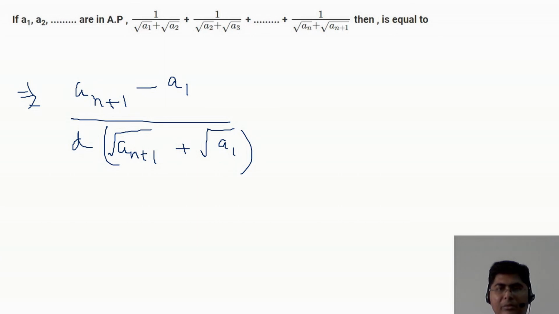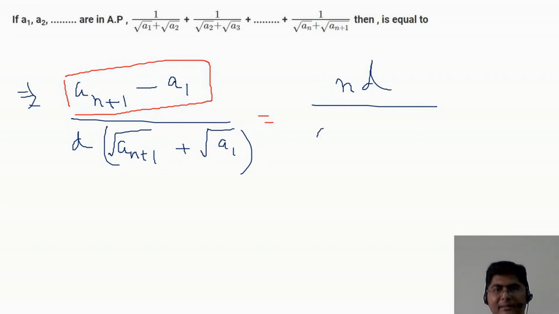Now look at these relations. Is it known to us? We have derived this. As you can see in the earlier part of this solution, we derived a n plus 1 minus a1 is equal to n d, and this is d, and the denominator will be root over a n plus 1 plus root over a1.